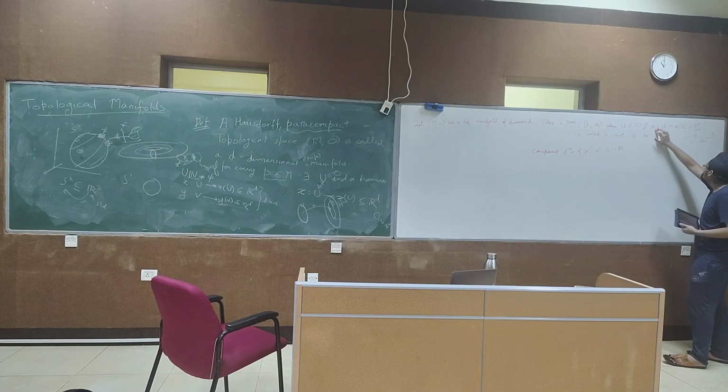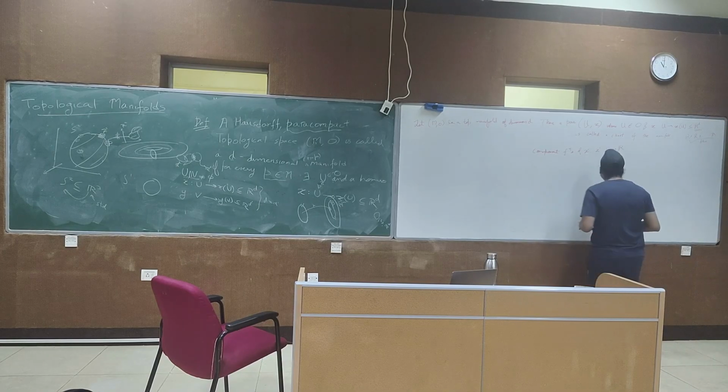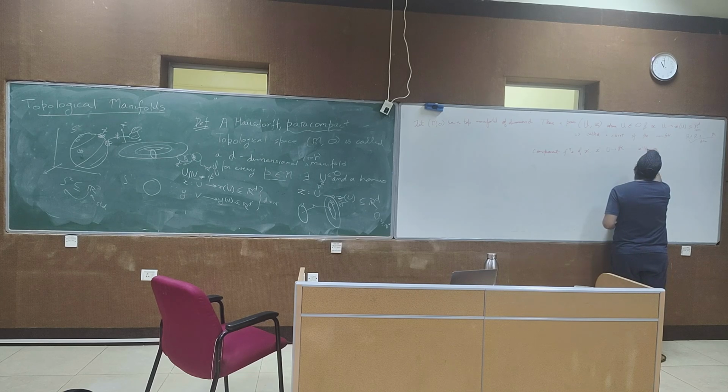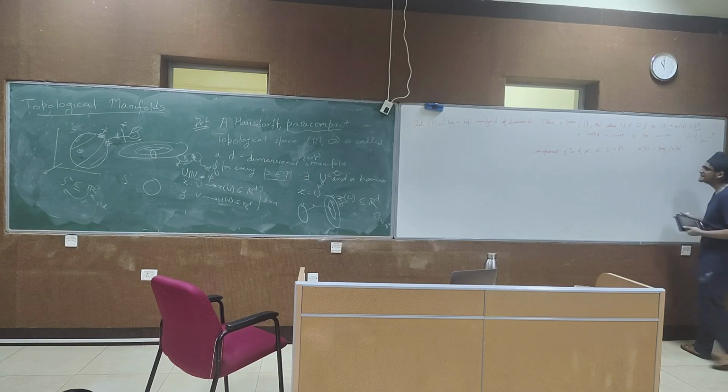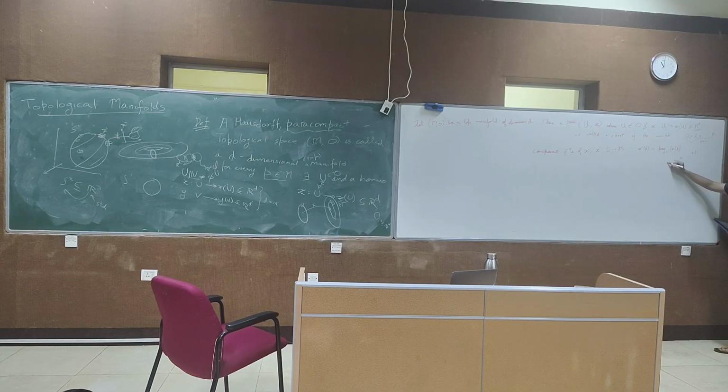So if we take X to map to R^D, then each of the components of X maps to an individual R, such that X_i of P equals the ith projection of X of P. The ith projection means that if in R^D it is like this, then the ith projection takes out the element X_i.